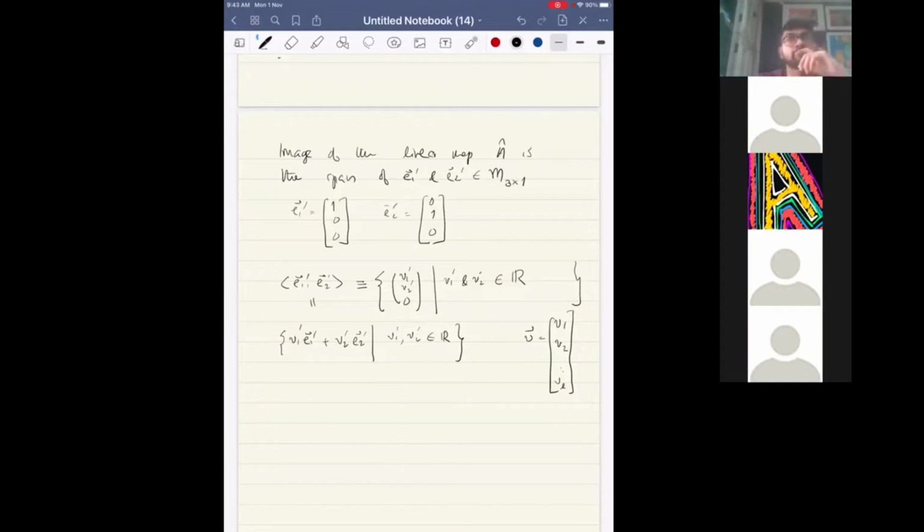We have not quite justified this answer; this is the guess at the moment, and it's a good guess.